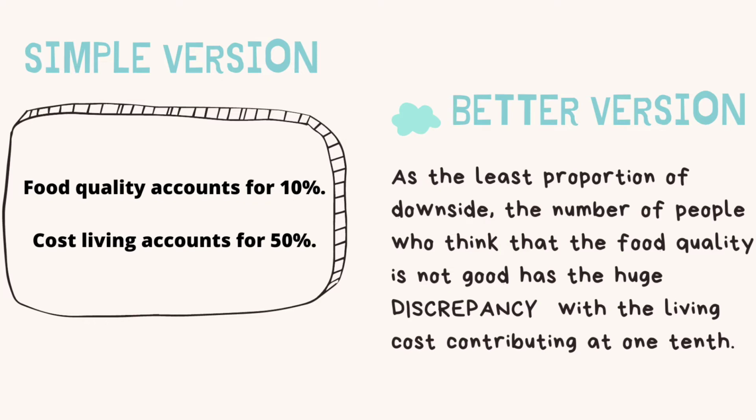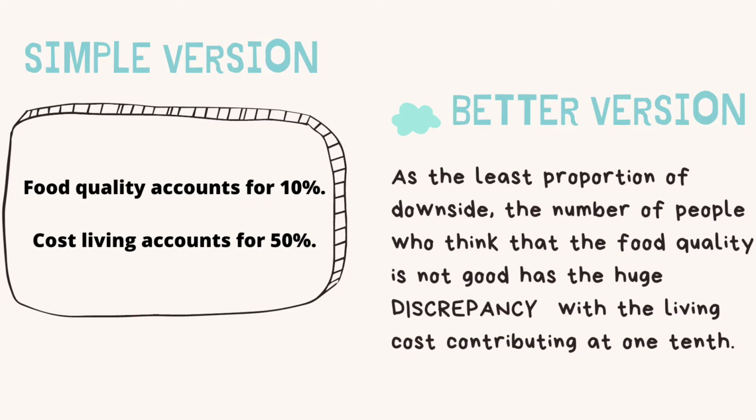So, here is the formulation of the sentence using discrepancy. As the least proportion of downsides, the number of people who think that the food quality is not good has a huge discrepancy with the living cost, contributing at 1/10. I say huge discrepancy, it means perbedaan yang besar, right? Because why does it have the huge discrepancy?